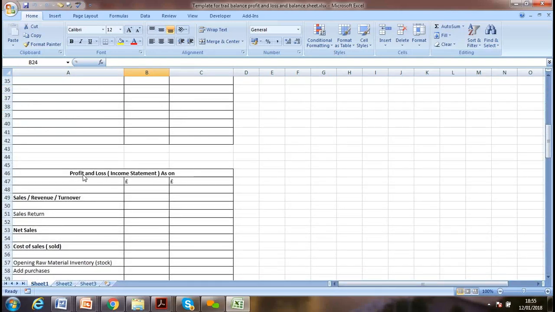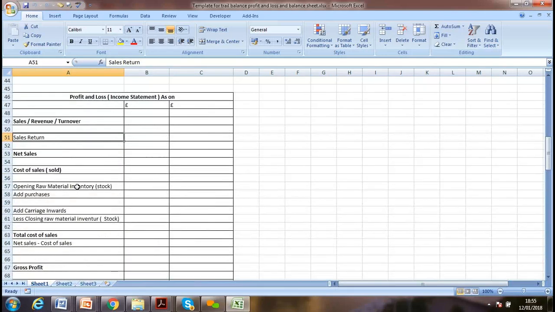Then if you prepare the profit and loss, you can put the sales figure there in the last column, sales returns if we have them, minus, then net sales, then your cost of goods sold. You put opening inventory, add purchases. If we have a delivery charge, add it, less closing inventory, and total cost of goods sold.